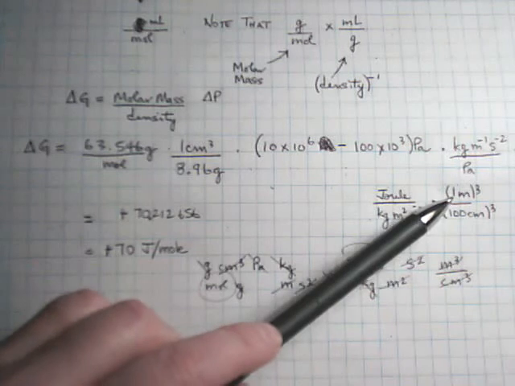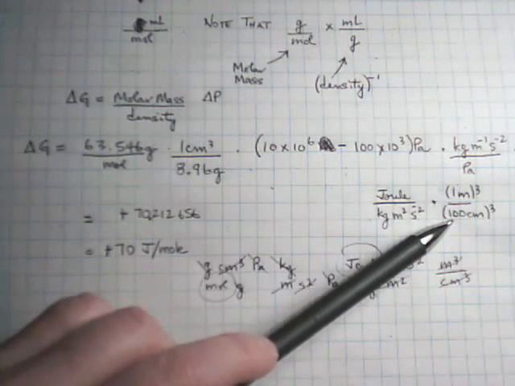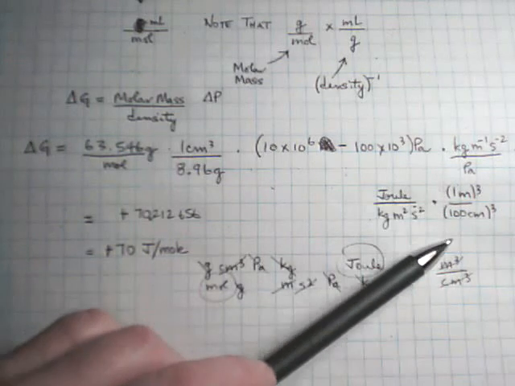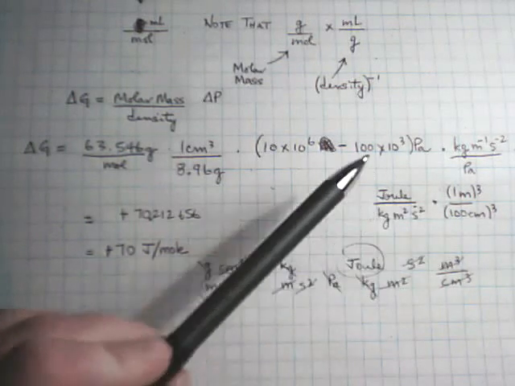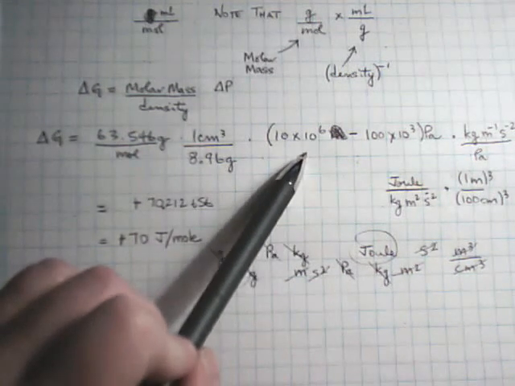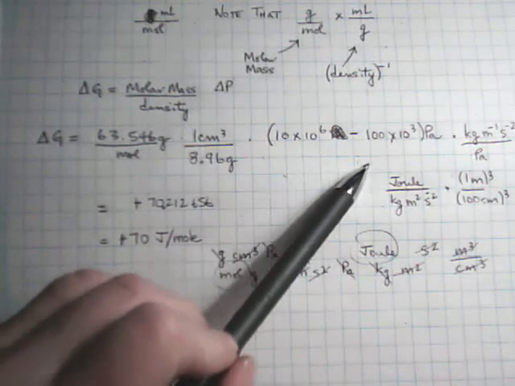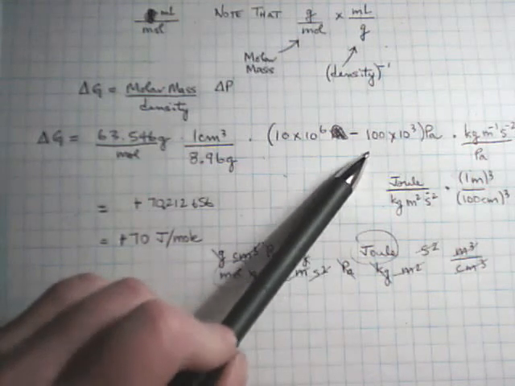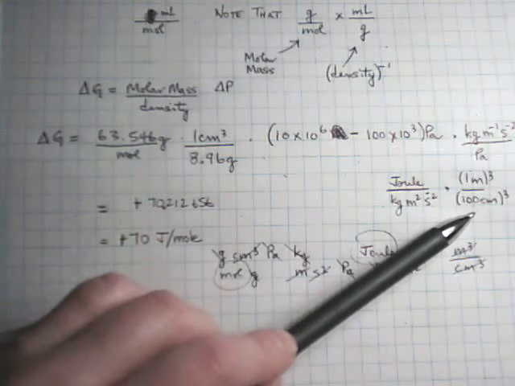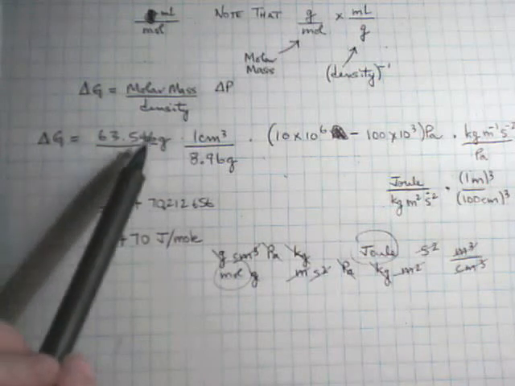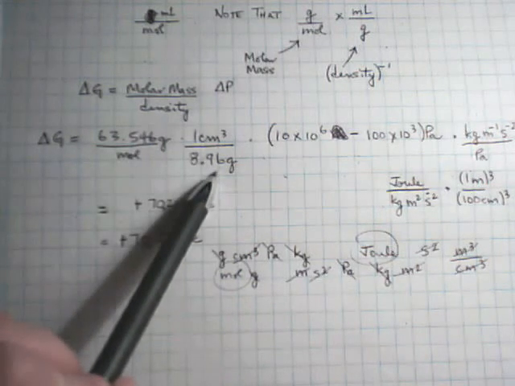So inside the bracket I said that 1 meter is 100 centimeters, so I cube both the top and the bottom. And so in my calculation I did 10 times 10 to the 6 minus 100 times 10 cubed, and then I divided by 100 cubed, multiplied by 63.546, divided by 8.96.